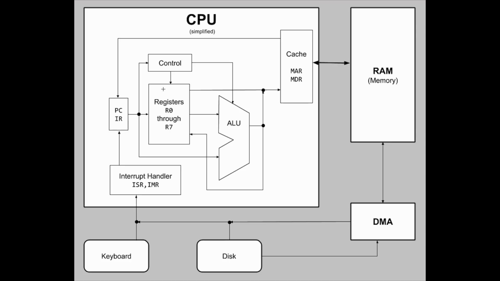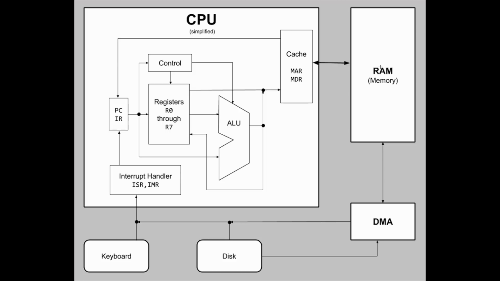But these are super fast. Why is it super fast to access these as opposed to accessing RAM? The answer is because to get to RAM, you have to go out across all these wires to RAM, which is way over there on the motherboard somewhere, and then get the data back way across those wires again. And that takes time. Electricity goes fast, but it doesn't go that fast.